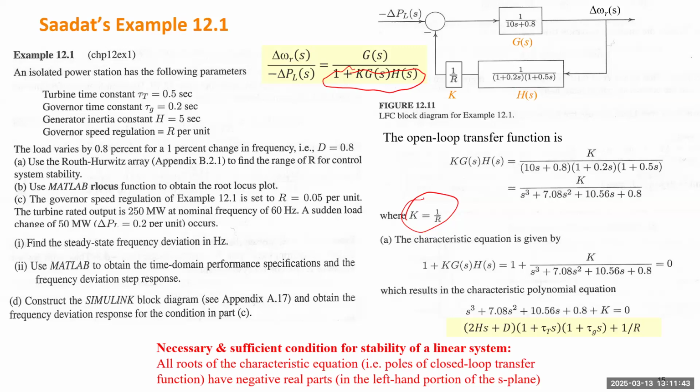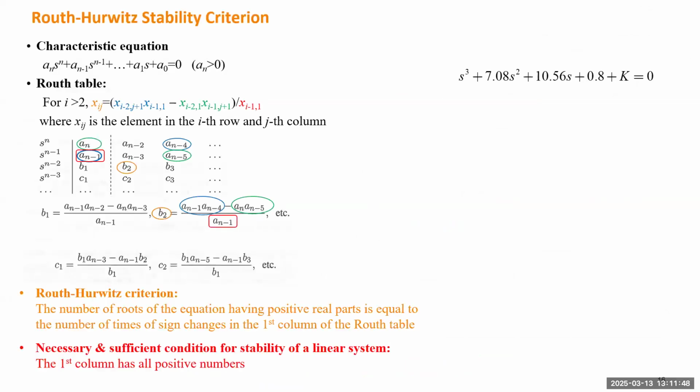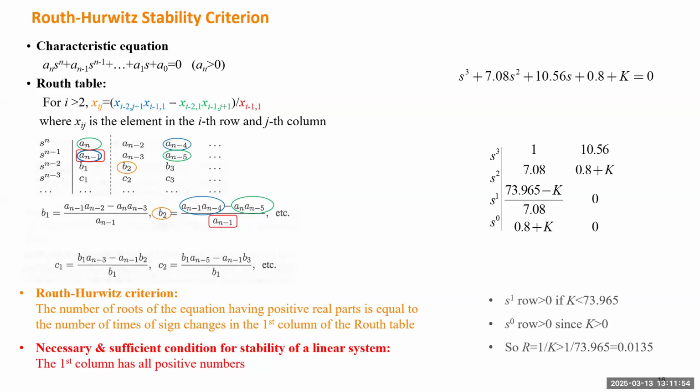Okay, so the first method we introduced on Tuesday was this Routh-Hurwitz stability criteria. Basically, you just use the formula on the left column to generate a table, which is called the Routh table. In the Routh table, you use the coefficients of the original characteristic equation to make the first 2 rows.